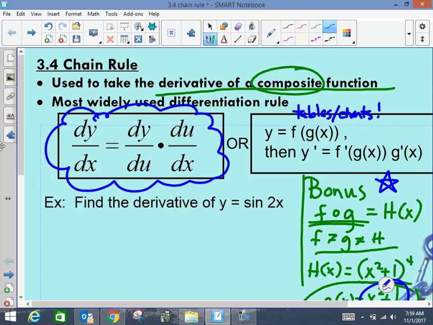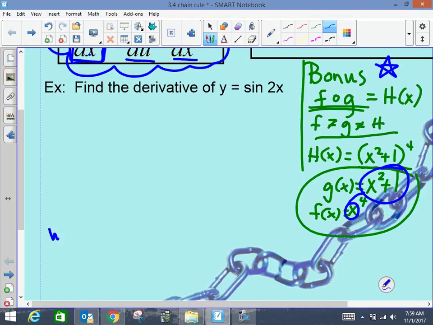So what we're doing here is we're going to take the dy dx, which is the derivative of y with respect to x, and we're going to separate it into 2 different functions. We're going to use u. So we're going to write y in terms of u. Let me write the original function in terms of u.